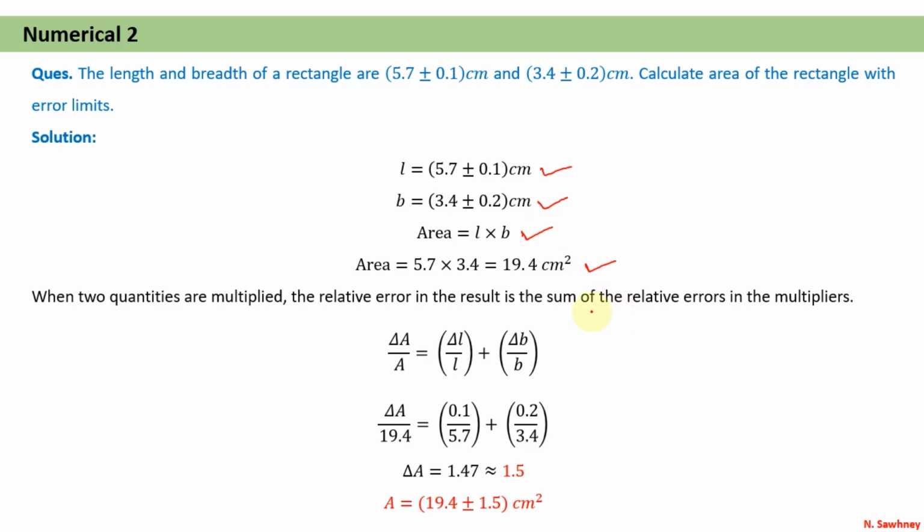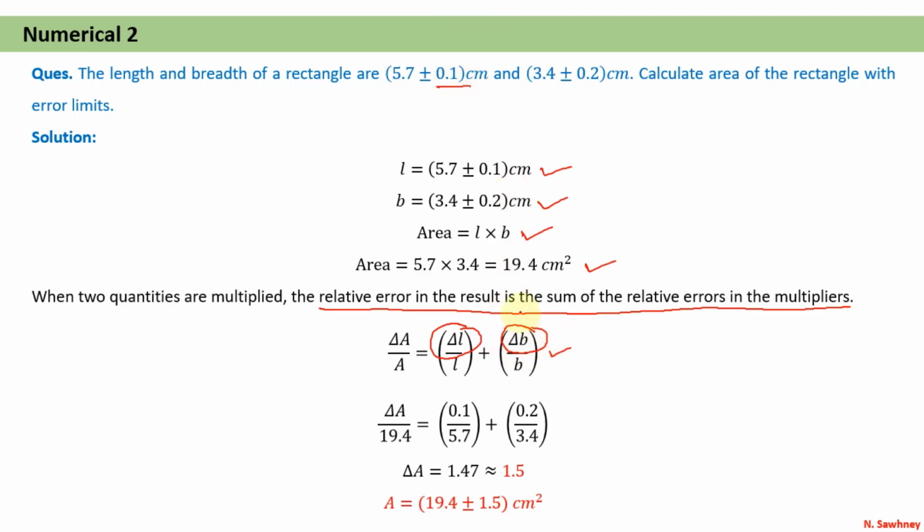Here the two quantities are multiplied together, and we are aware that when two quantities are multiplied, the relative error in the result is the sum of the relative errors in the multipliers. That is this. So putting down all the values, del L is given in the question as 0.1.